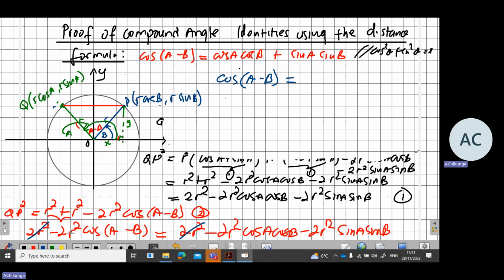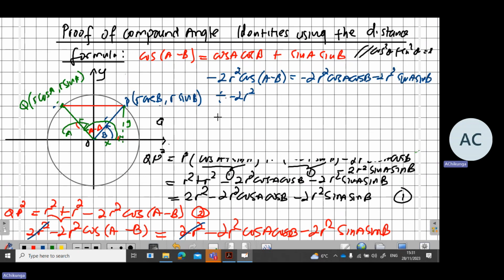On the right hand side, if we cancel out a negative, this becomes plus. Let me just, probably it's not easy to see for some. So after I've cancelled out everything here, there is minus 2r squared cos A minus B is equal to minus 2r squared cos A cos B minus 2r squared sine A sine B. So I've got to divide both sides by minus 2r squared, everything.